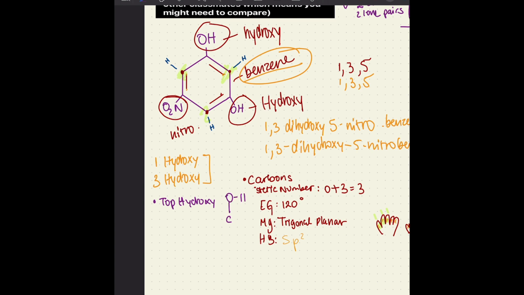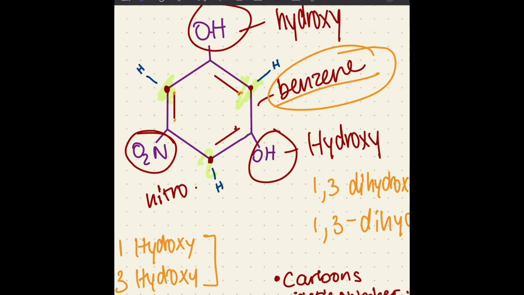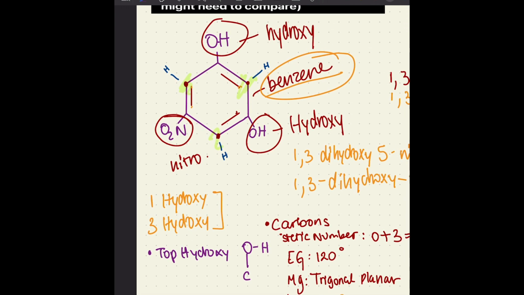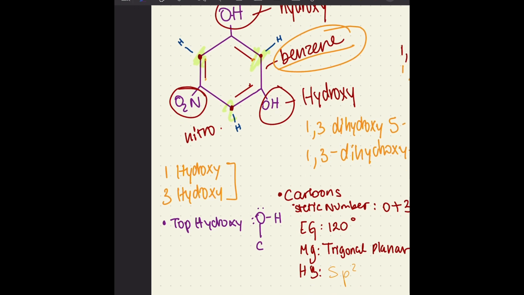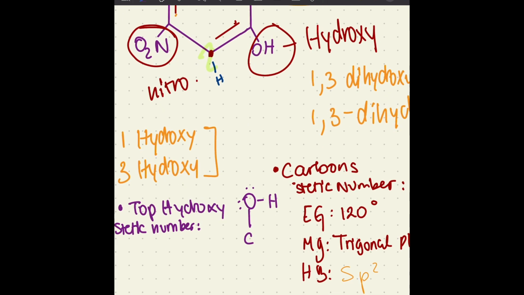Looking at the hydroxide, they're attached to the O. Just to make it a little bit easier to see, it's the C attached to the O and then the O attached to the H. We also have to remember that the oxygen has two lone pairs, and you count them with the bonded atoms.